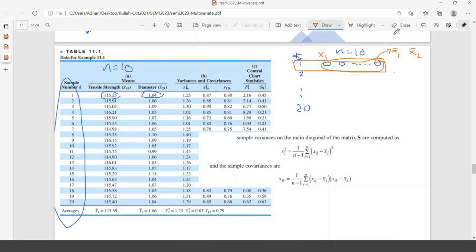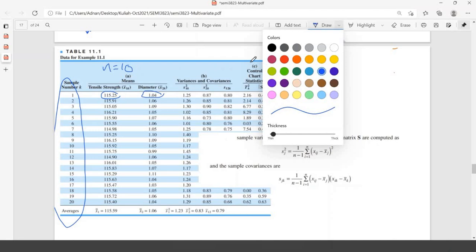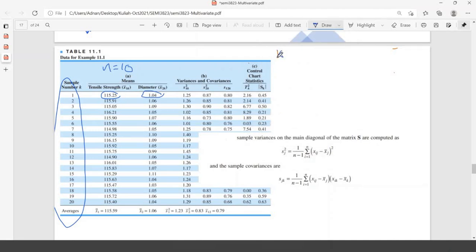I don't have space here, so I'll put it another way to make it clear for you. Let's say this is K: K1, K2 until K20, 20 subgroups.